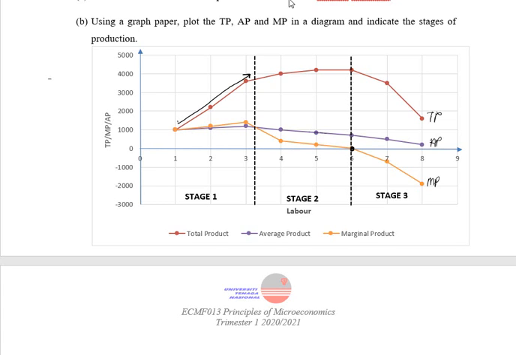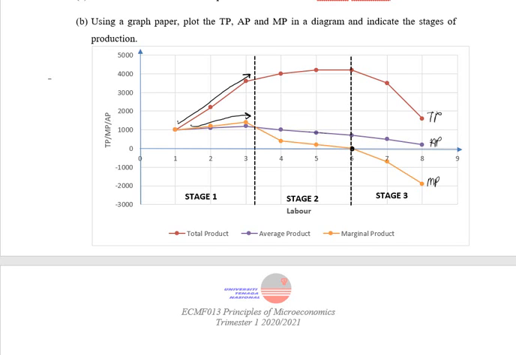So marginal product will be positive and will increase. The orange curve will increase. That is what happens at stage 1.